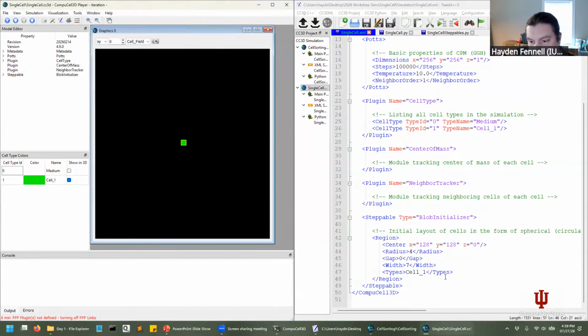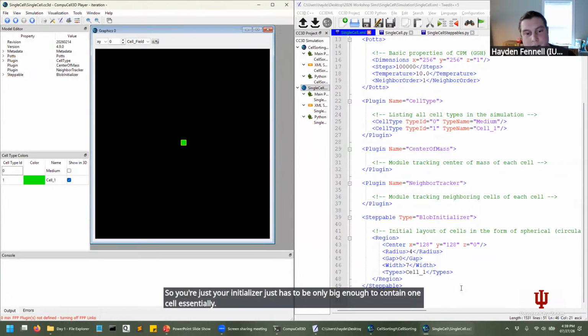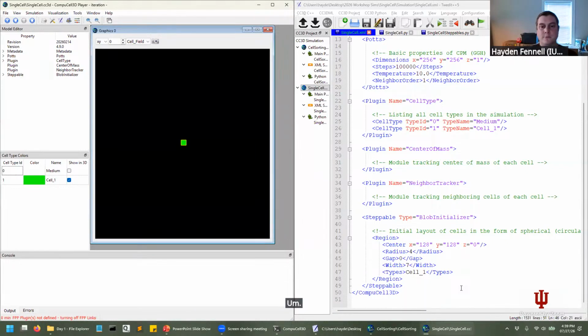There we go. So yeah, your initializer just has to be only big enough to contain one cell, essentially. You can do the same thing with the rectangular initializer. Syntax just a little bit different.